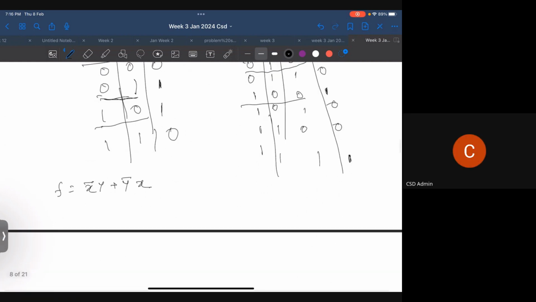Suppose it is n variables, so it will be like x XOR y XOR z and so on.